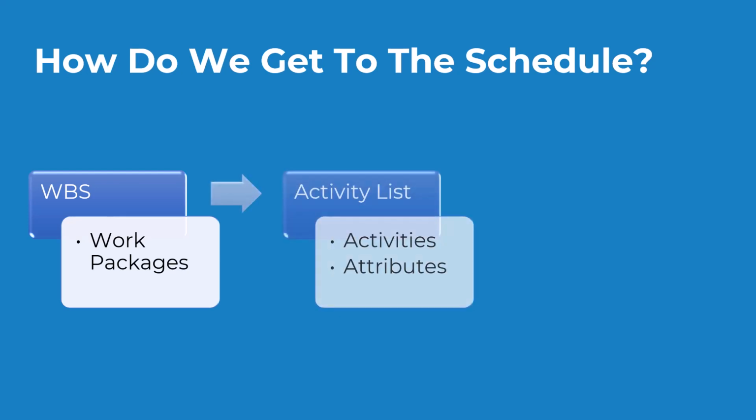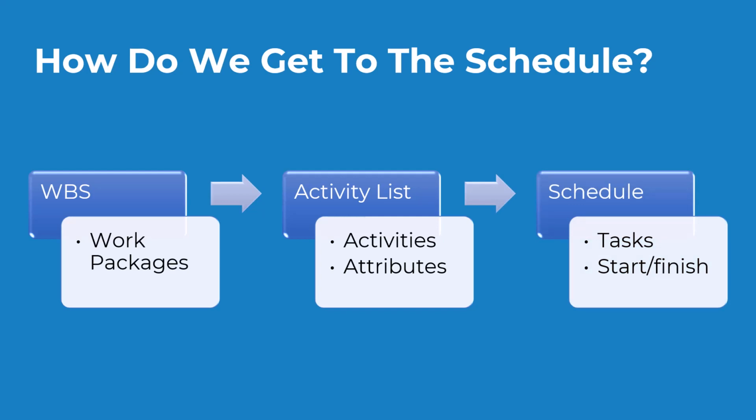First, we have to decompose the work packages into an activity list with its activities and activity attributes, and then second, we can use that activity list to create our schedule with tasks and their appropriate start and finish dates. Right now, I want to talk about the activity list.